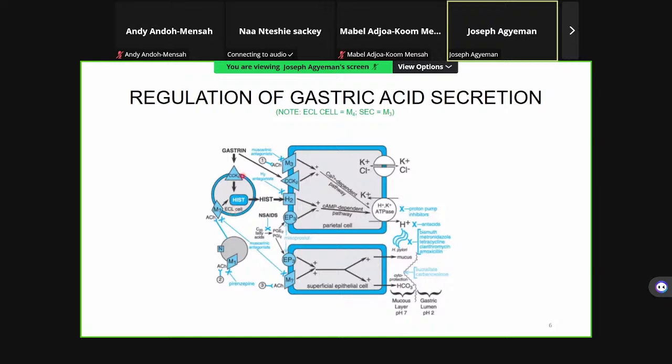So gastrin stimulating the CCK2 receptor will cause the release of histamine from the ECL. And when histamine is released, it acts on histamine subtype receptors on the parietal cells.